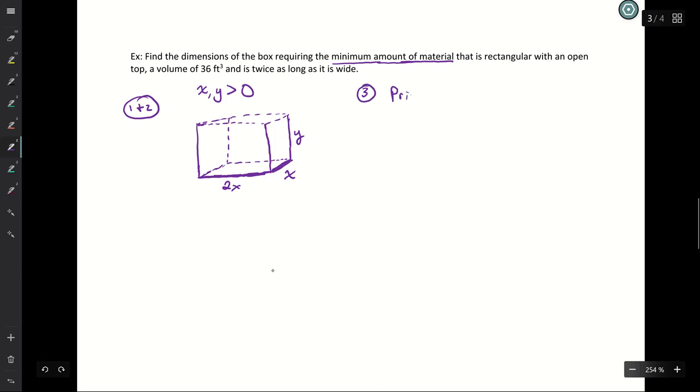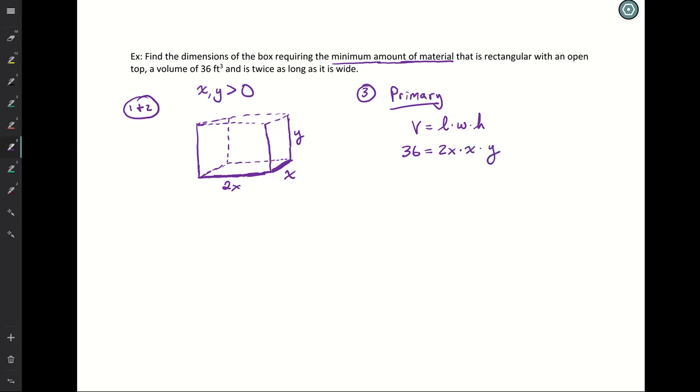With a primary equation, we generally use the information that they've given us. This one is the 36 cubic feet for the volume. So the volume, once again, would be length times width times height. Our volume we know to be 36. Our length here was 2x, our width was x, and our height was y. Generally speaking, and I think you're safe to do this all the time, we solve the primary equation for y.